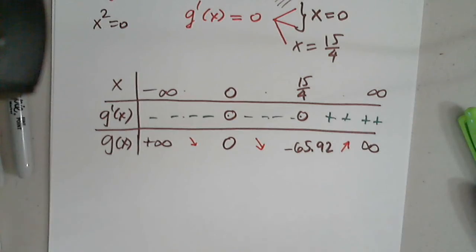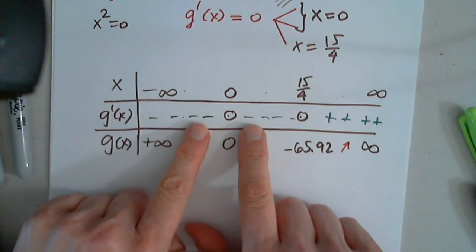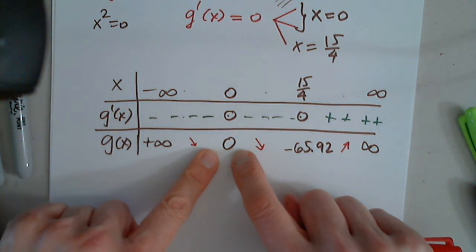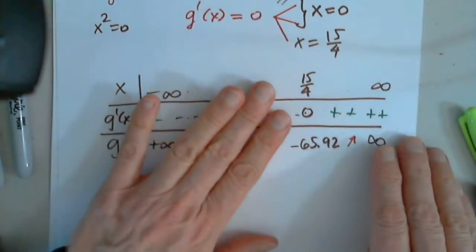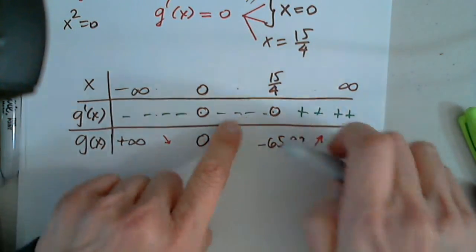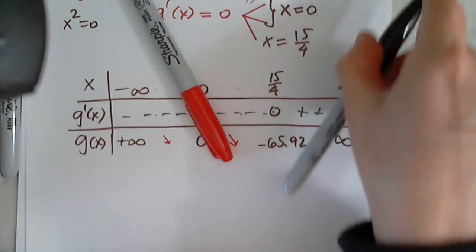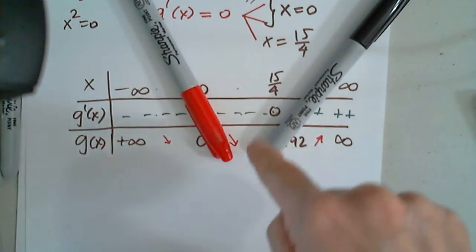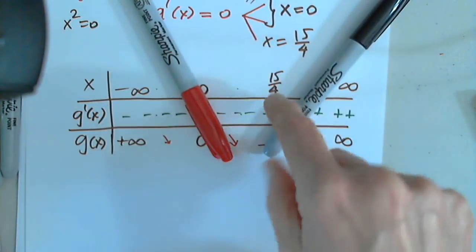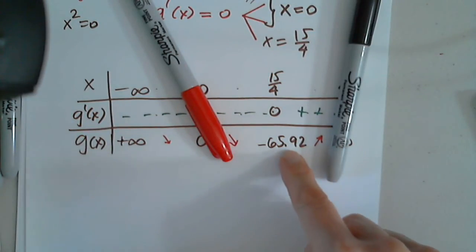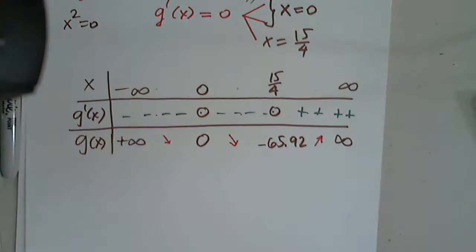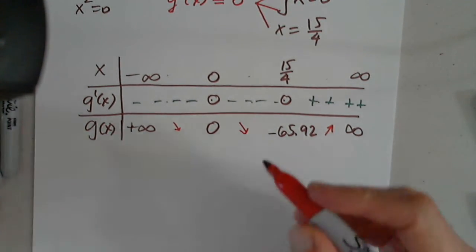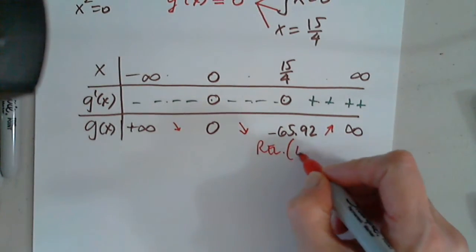In any event, there is no sign change here. This point is not a point of extrema. There is a sign change here from negative to positive. What type of point will be 15 over 4, comma, this number? Relative or local what? Minimum? Yes.